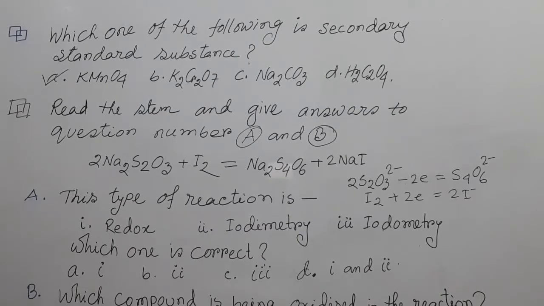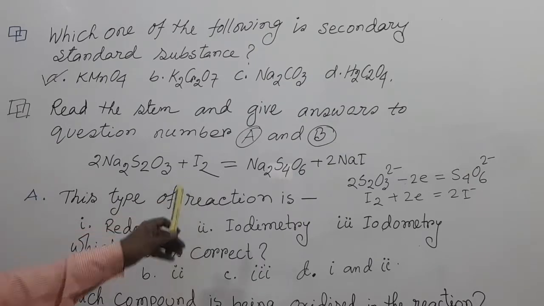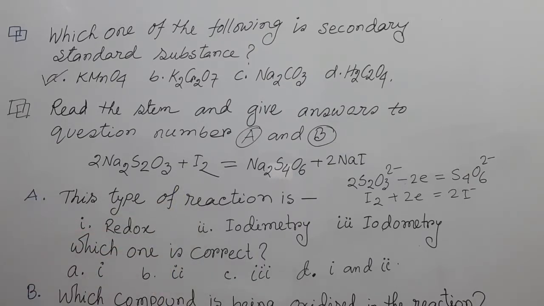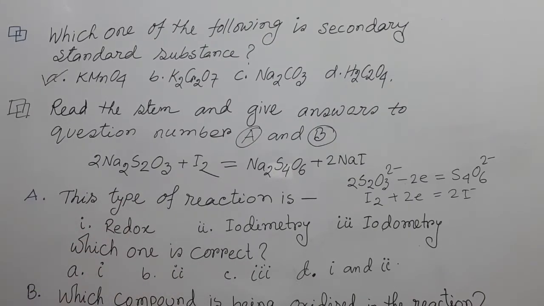And if we discuss iodimetry titration, we can say that the process by which standard iodine solution is directly used to estimate the concentration of a reducing agent like thiosulfate is called iodimetry titration.